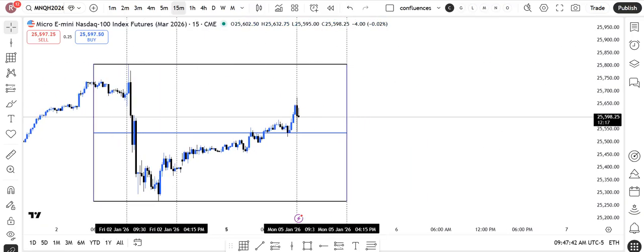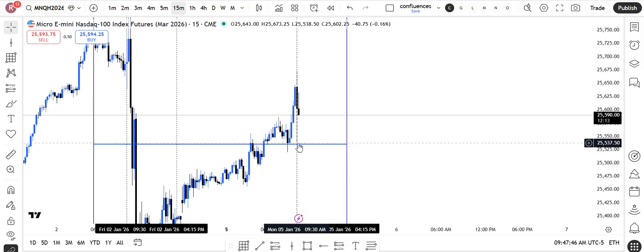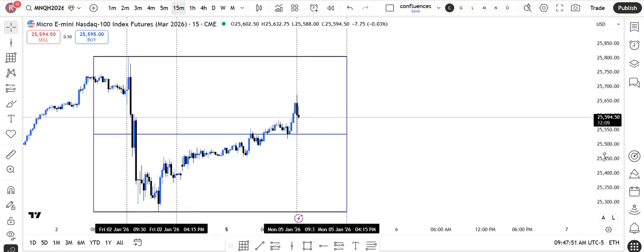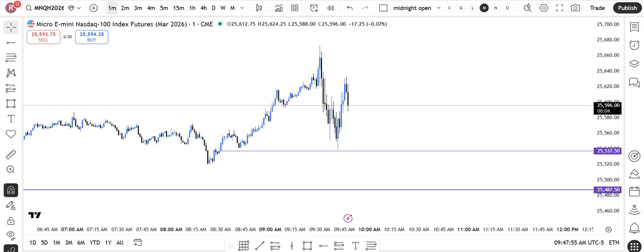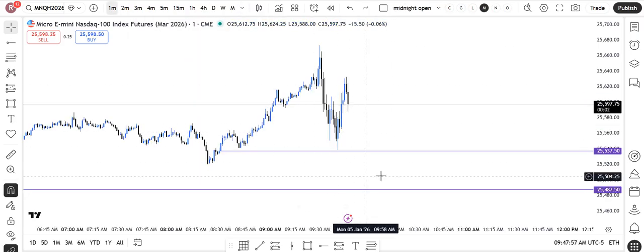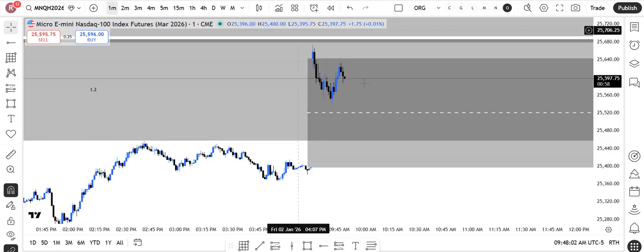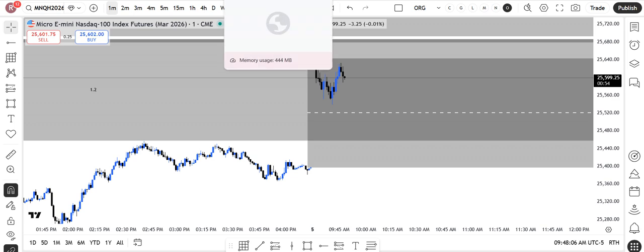Look what happens here. It comes down. Does it come down and hit equilibrium? No, it stops right short. In my opinion, my conviction tells me they want to take it down here, and they want to take it to the midpoint of this opening range gap. That's what it's telling me.